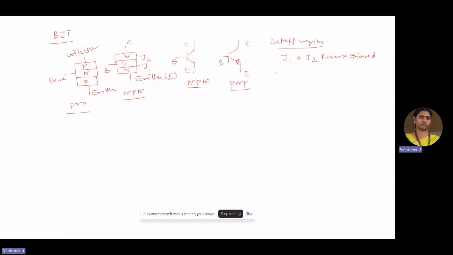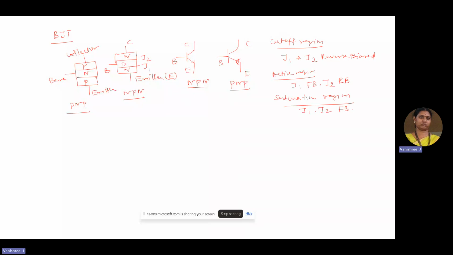In the active region, junction J1 is forward biased and J2 is reverse biased. In the saturation region, both the junctions J1 and J2 are forward biased.